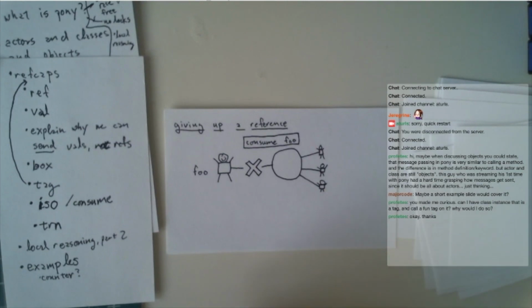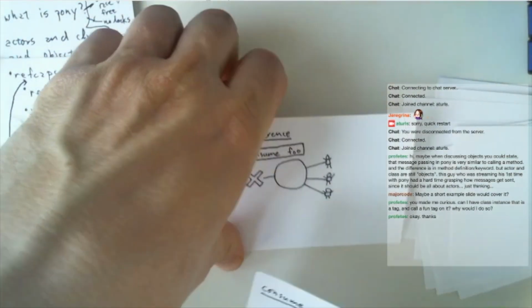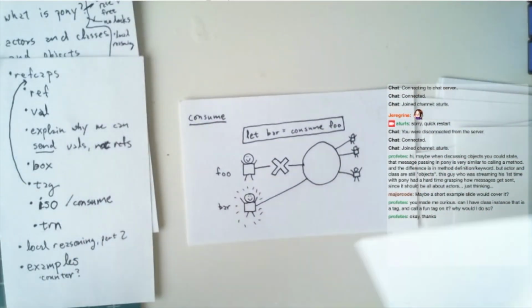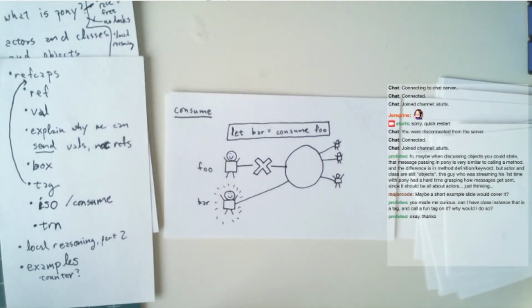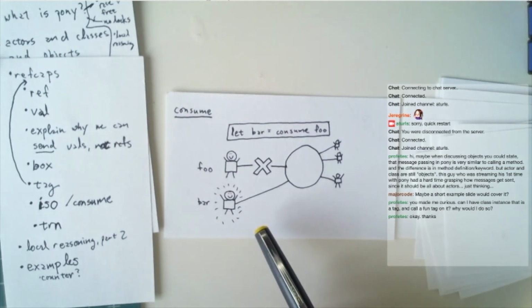That in and of itself isn't super useful, but you can use consume on the right side of an assignment and assign the resulting object to a new variable, or a new reference. The new reference gets reference capabilities based on that local reasoning that we were able to do.